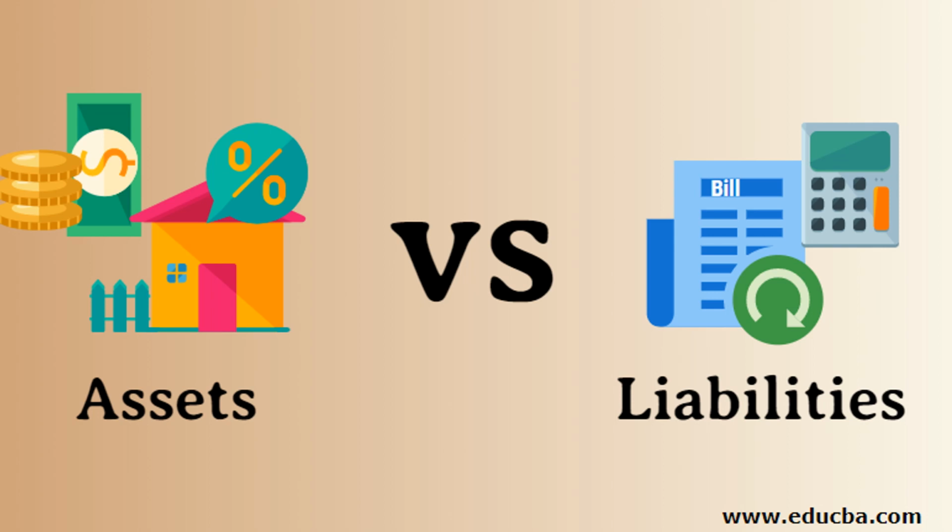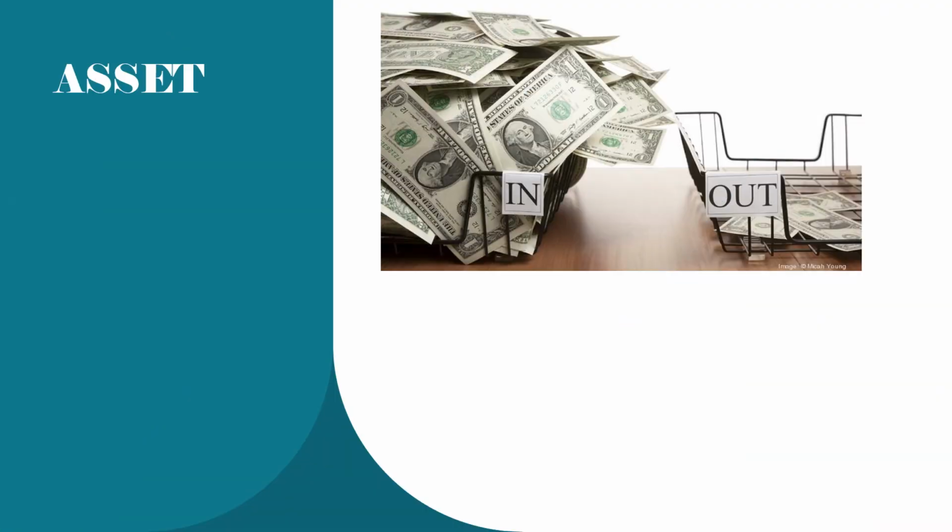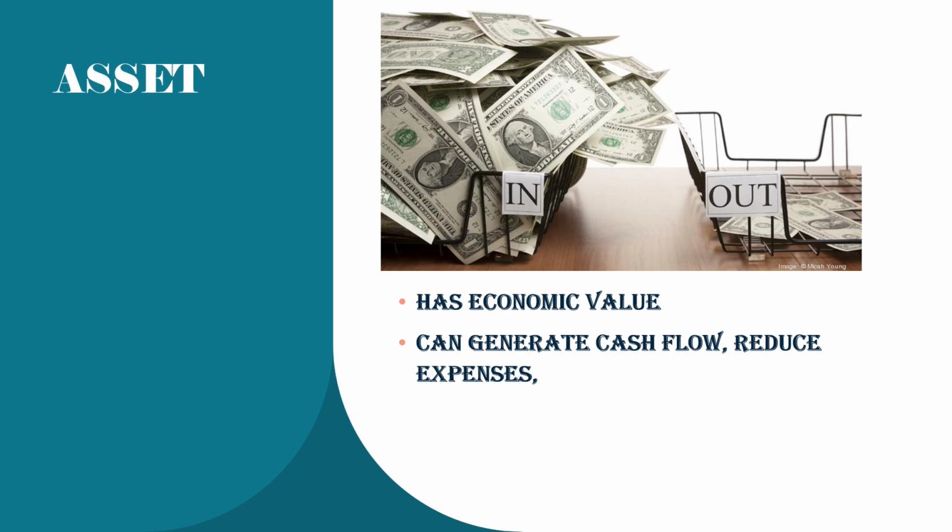Let's understand further the difference between assets and liabilities. Let's first understand what is an asset. An asset is something owned by a person or a corporation that has some economic value and can generate cash flow or reduce someone's expenses.